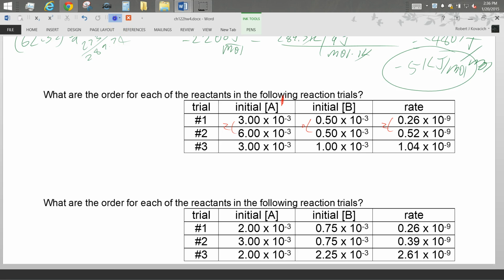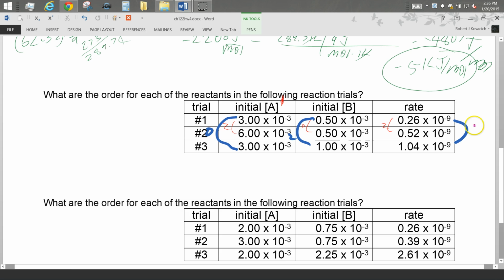And then for B, I'll go here, and I had a 0 change for A, and here I've got a doubling for B. And what do we have for the rate, 4 times? Yeah, so this is 4 times. So then it's second order with respect to B? We good with that? I had a doubling of the concentration, but the rate changed by a factor of 4, so then the exponent controlling that must be a 2.